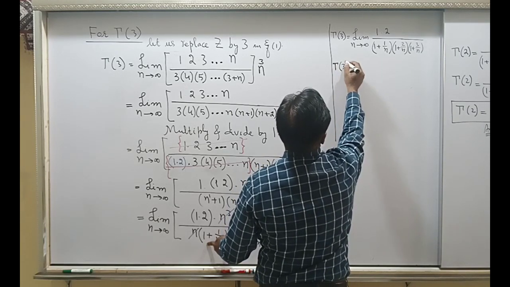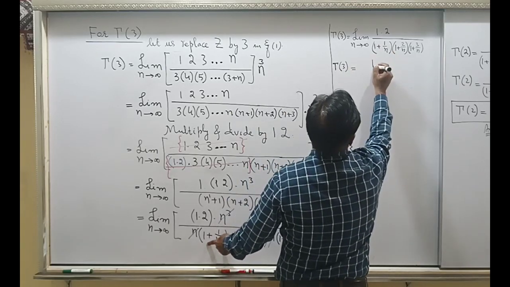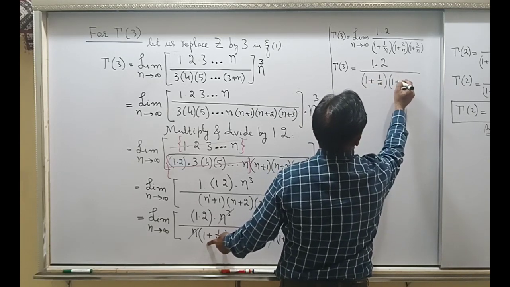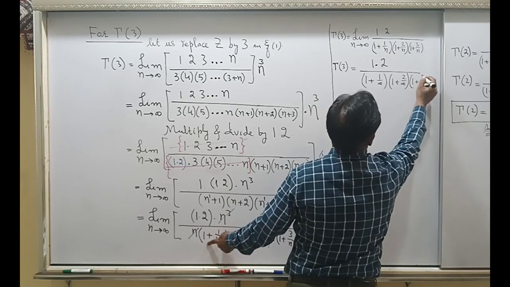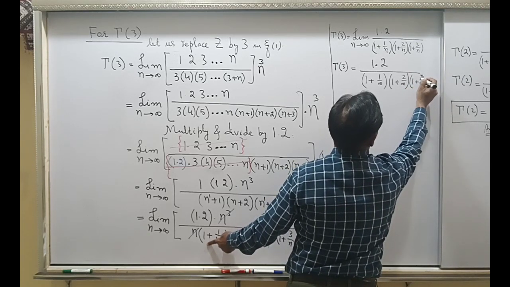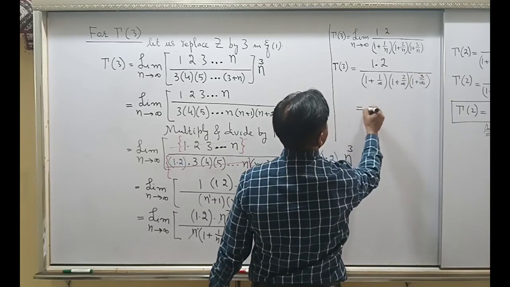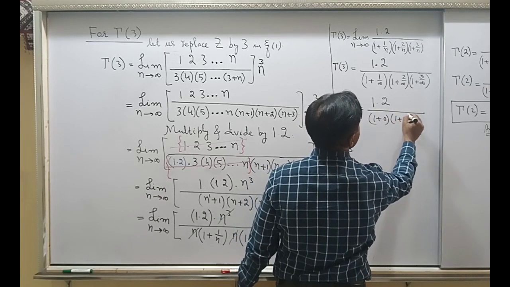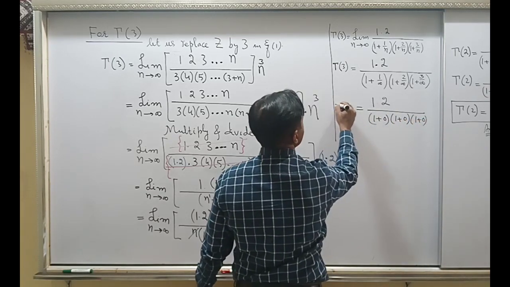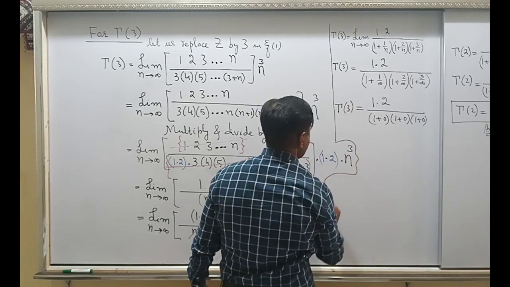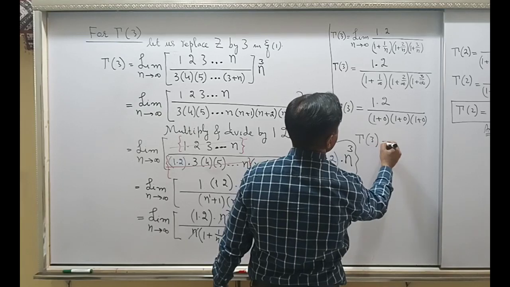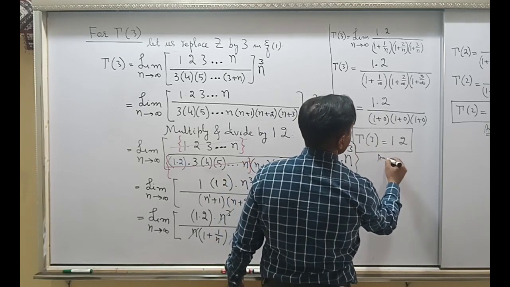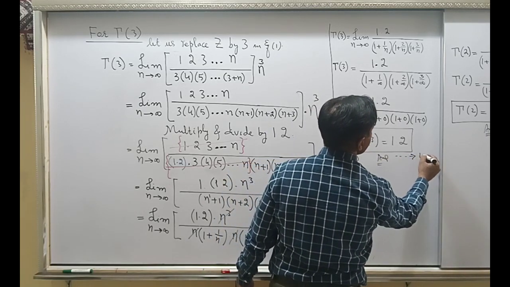This is gamma 3: 1 into 2 over 1 plus 1 over infinity, 1 plus 2 over infinity, 1 plus 3 over infinity, and you have 1 into 2 over 1 plus 0, 1 plus 0, 1 plus 0. So gamma 3 is equal to 1 into 2. This is your third answer as asked in your question, and you can also name it as equation number 3.